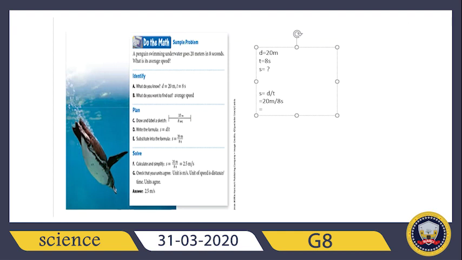The answer will equal 2.5. So 20 meters over 8 seconds, the speed will be 2.5. What about the unit, guys? 2.5 meters per second, as we say. So this is our final answer. The average speed will be 2.5 meters per second.